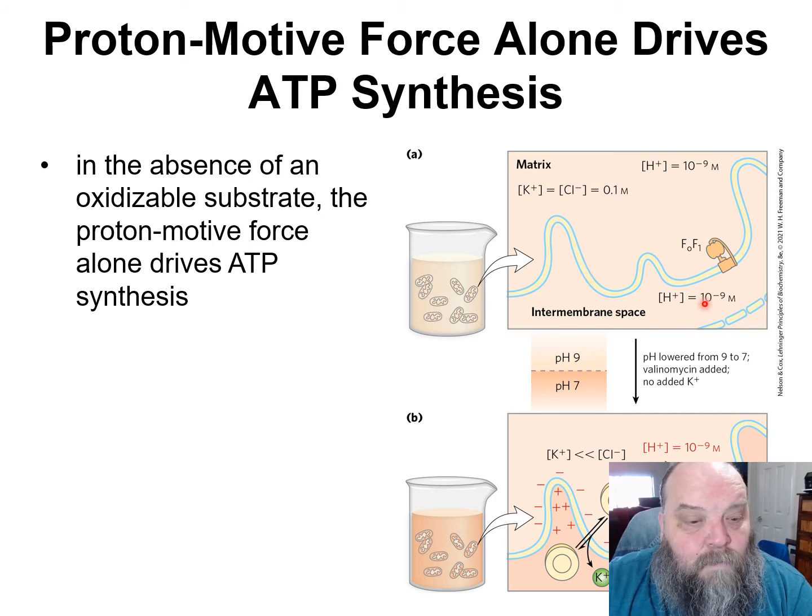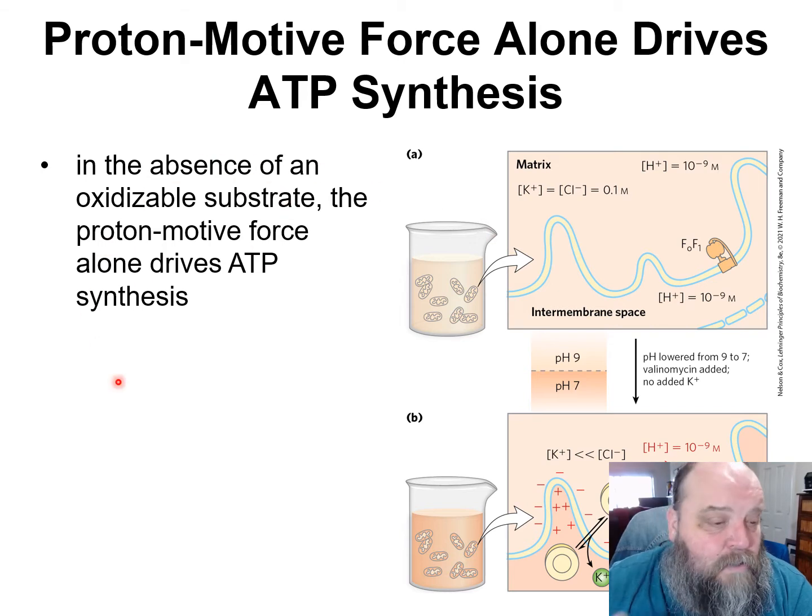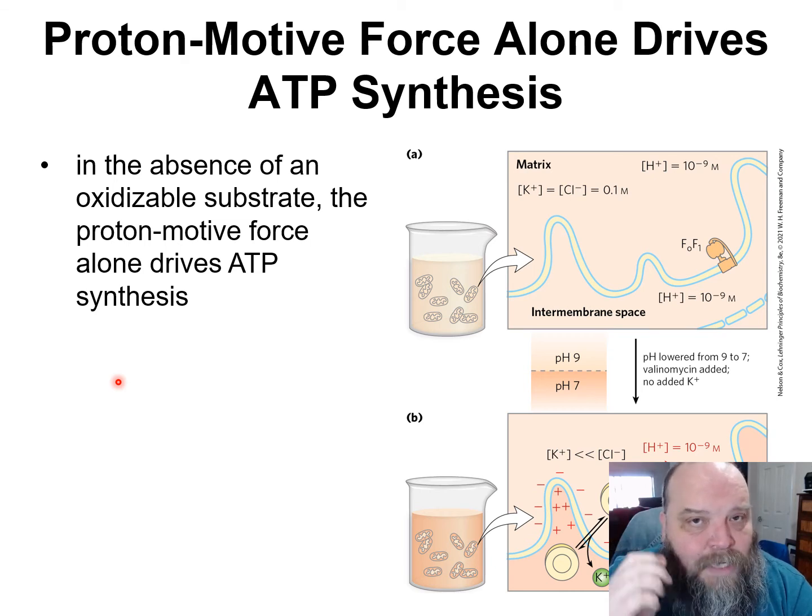You have to have some protons that are able to move across, and as long as they can, things will continue to work. The problem is once that imbalance balances out without anything there to oxidize, thus giving you the electrons you need, this will shut down in time.